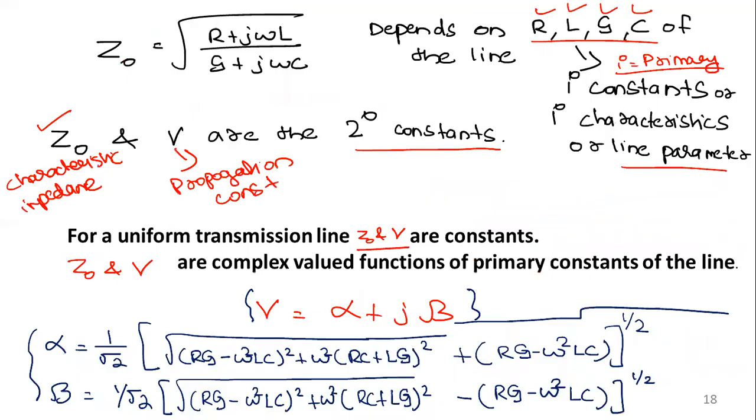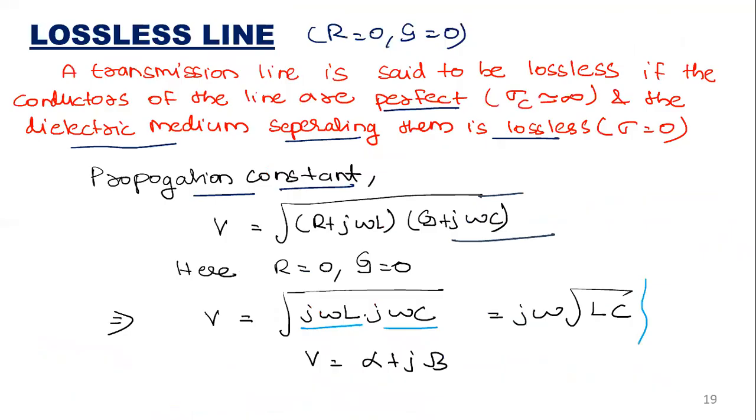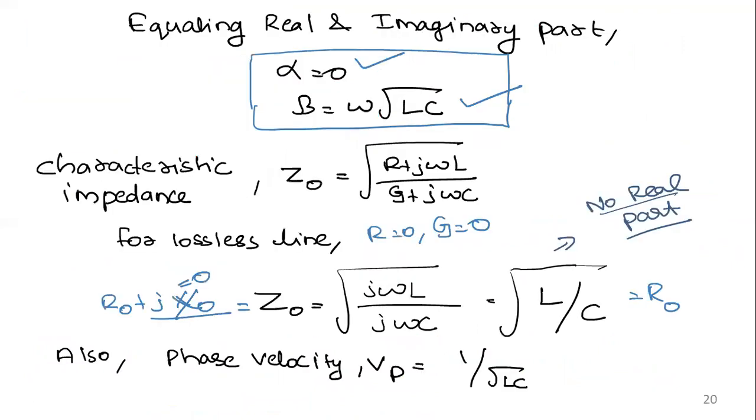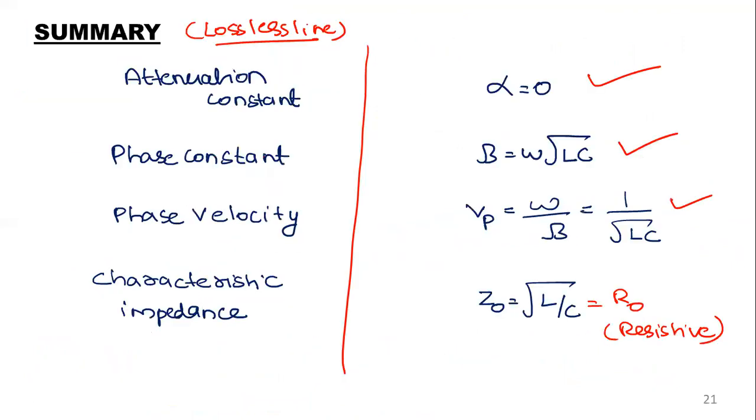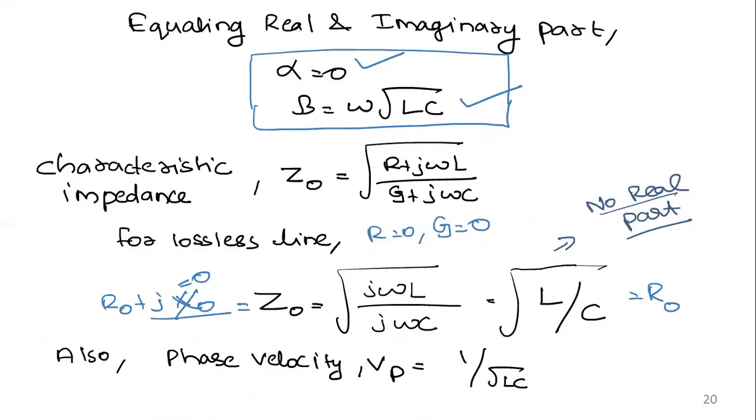So this way also you can summarize, for a general uniform transmission line, this is the value of alpha and beta. But when it comes to a lossless line, R is equal to 0 and G is equal to 0, then you obtain alpha is equal to 0 and beta is equal to omega root LC, and characteristic impedance root of L by C, where, sorry, here I made a mistake.